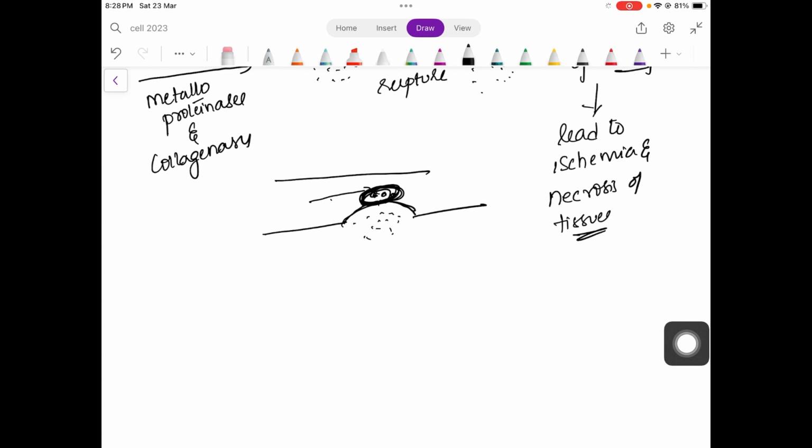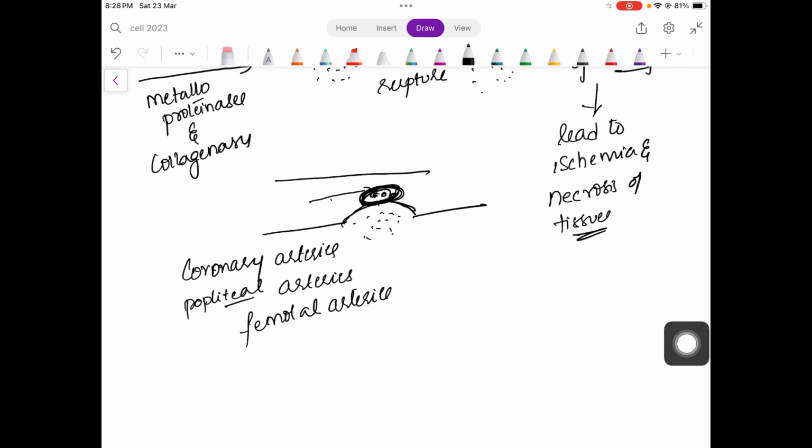So atherosclerosis will occur in the major blood vessels: coronary arteries, popliteal arteries, femoral arteries, aorta, and brain vessels. All these are prone to atherosclerosis.